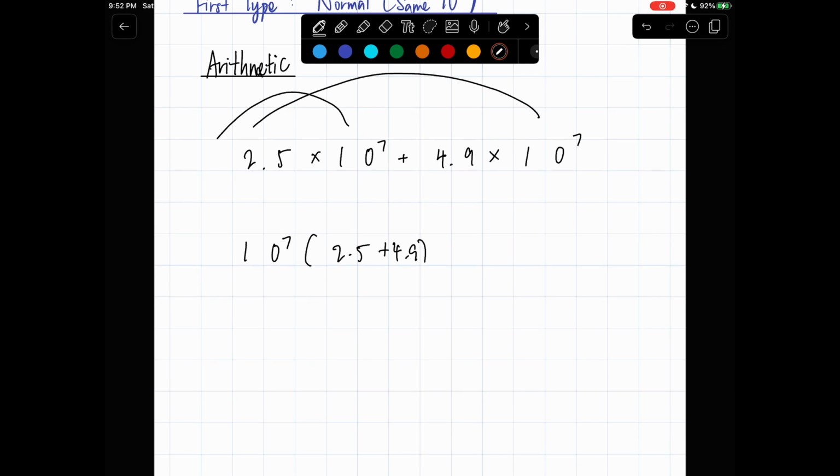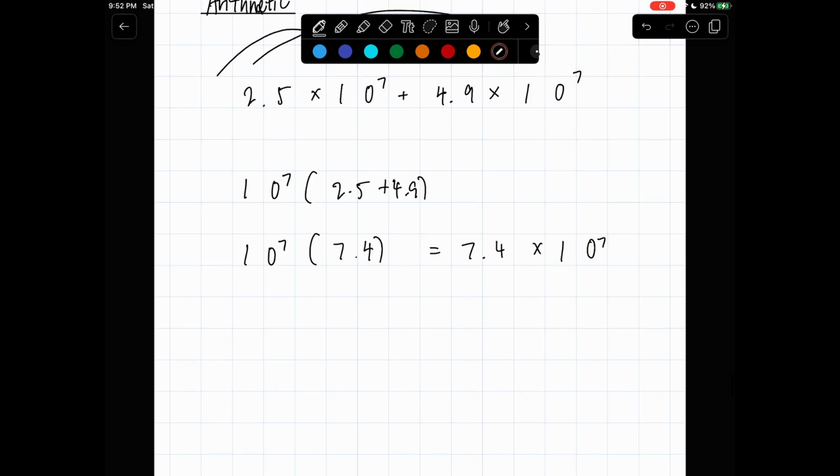2.5 plus 4.9, you will get 10 to the power of 7 times 7.4. So if you write it in standard form, it would be 7.4 times 10 to the power of 7. As easy as that. Let's do one more example.